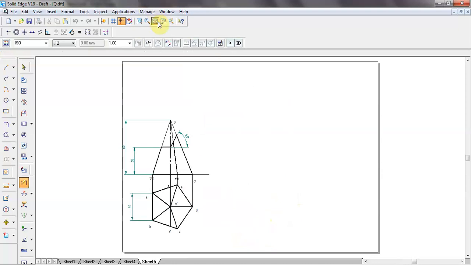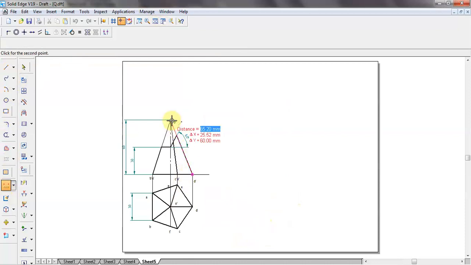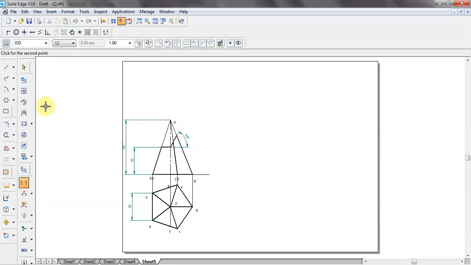First draw an arc. First measure the slant height. It is 65.20. So draw an arc of 65.20.